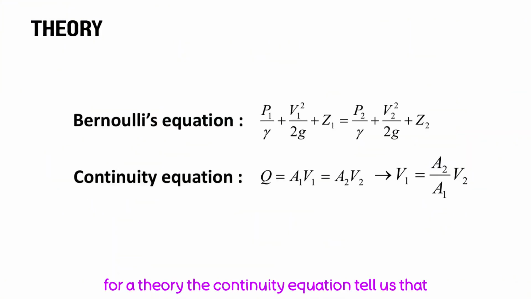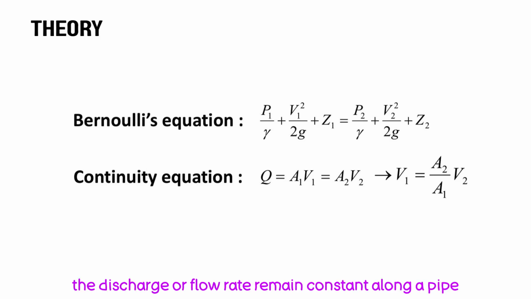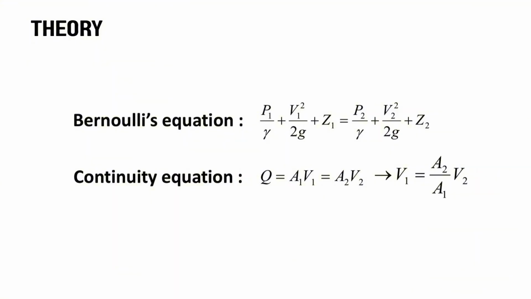For the theory, the continuity equation tells us that for an incompressible fluid, the discharge, or flow rate, remains constant along the pipe. So when the cross-sectional area decreases, the velocity must increase.